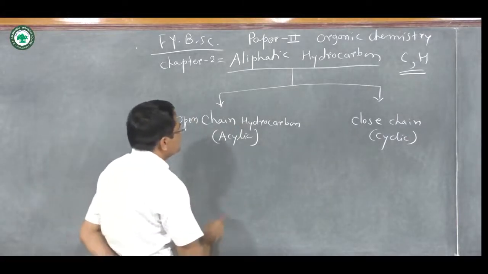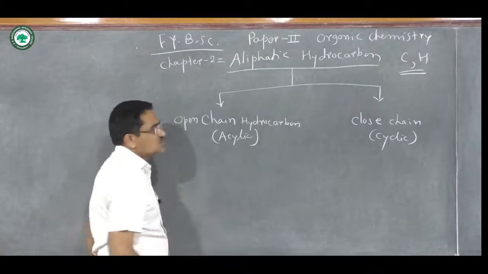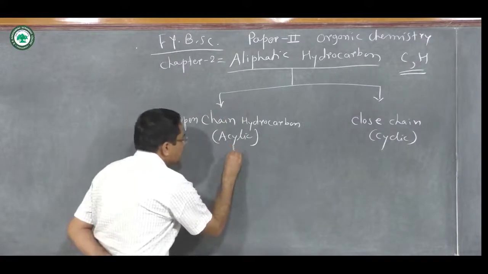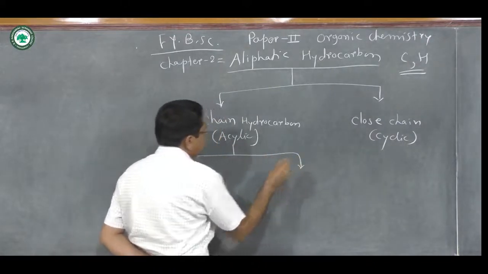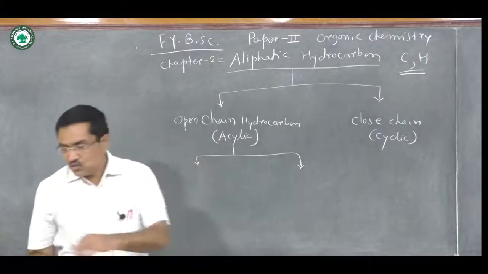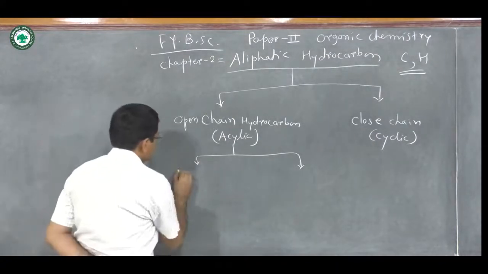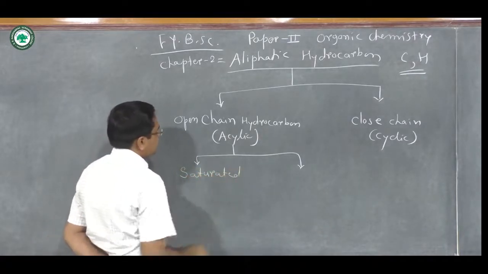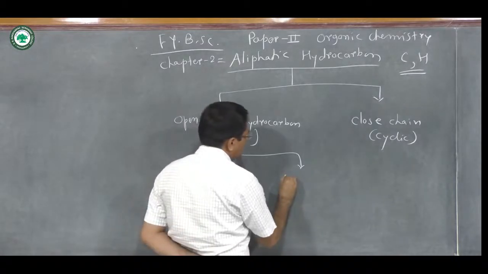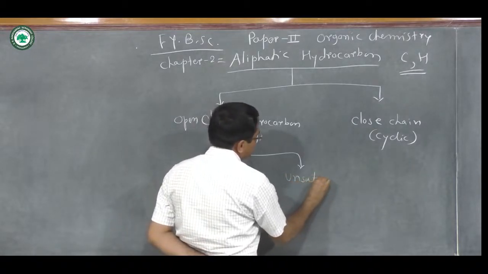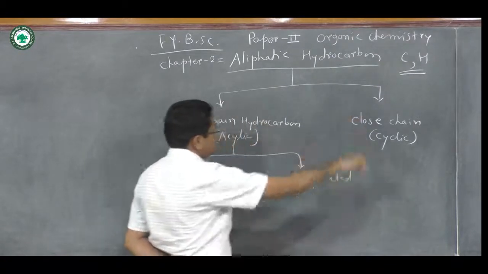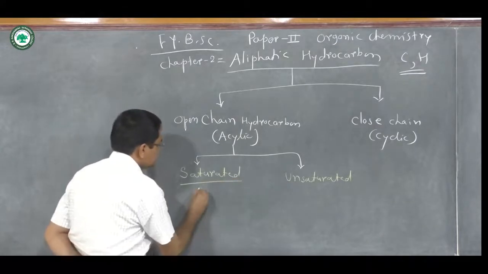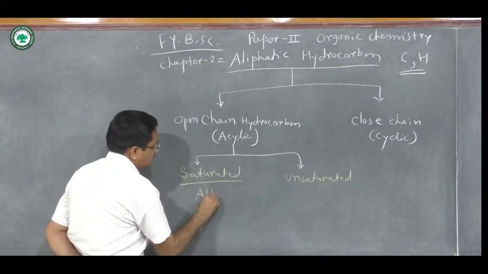In F.Y.B.Sc syllabus we will discuss only open chain hydrocarbon. Open chain hydrocarbon is again classified into two groups: saturated hydrocarbon and unsaturated hydrocarbon. The example of saturated hydrocarbon is alkane.